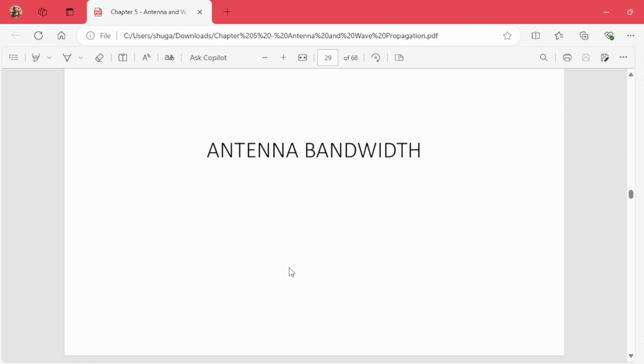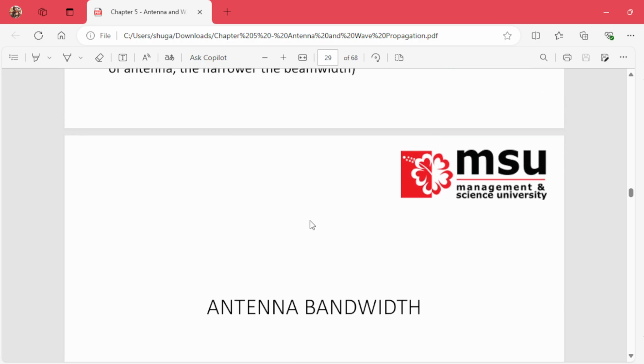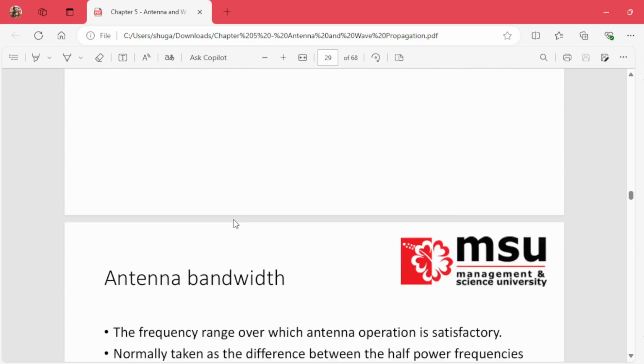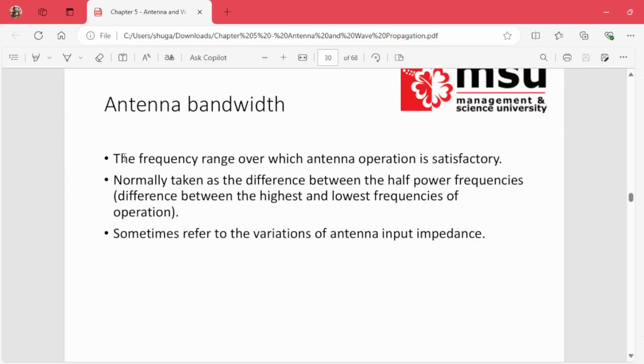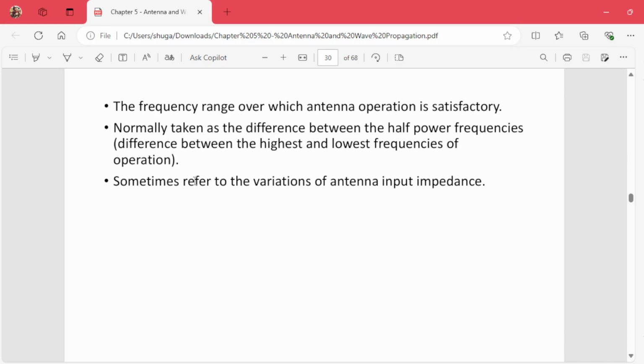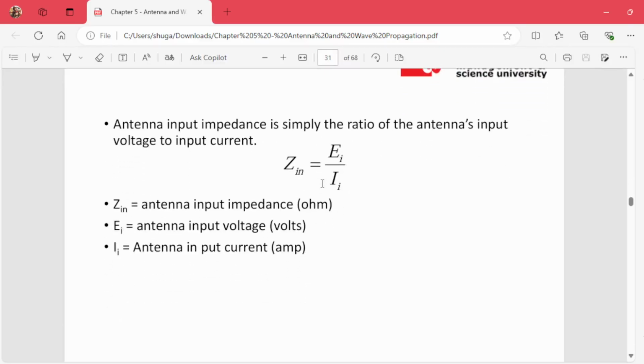Okay, we've talked about antenna bandwidth. What is antenna bandwidth? It is the frequency range over which antenna operation is satisfactory, normally taken as the difference between the half power frequencies, the difference between the highest and lowest frequencies of operation, and sometimes it refers to the variation of antenna input impedance.